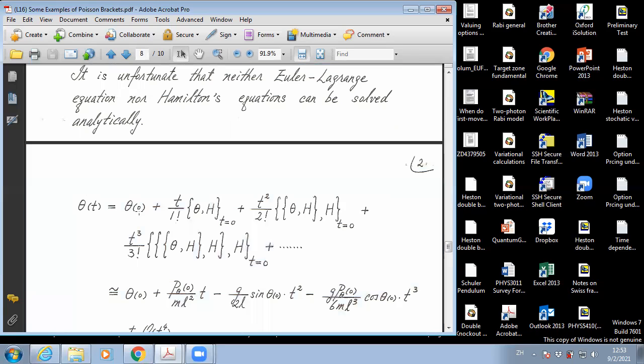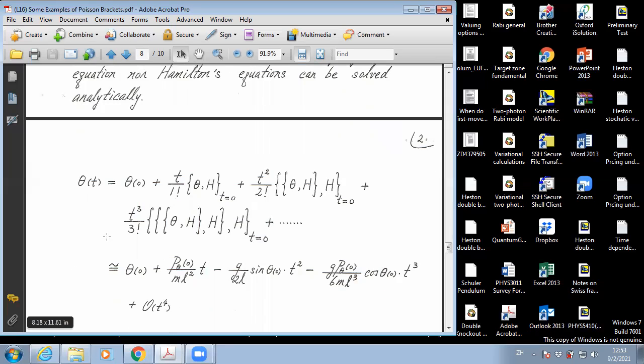Theta(t) is equal to theta naught plus t times the first order Poisson bracket evaluated at t equals 0 divided by 1 factorial. And then the second term involving the second order Poisson bracket evaluated at t equals 0. The third term involves the third order Poisson brackets, right? Keep doing it.